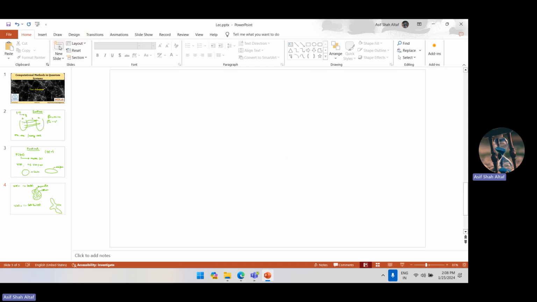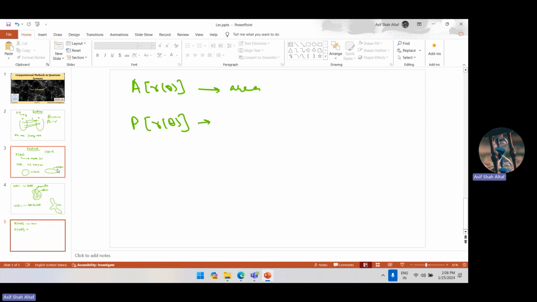Now what I am interested in is a functional, let's call it A, such that if I give it any of these shapes, it gives me a number, which is basically the area. Similarly, I want to define a functional P, such that whenever I give it any of these closed curves, it gives me its perimeter.